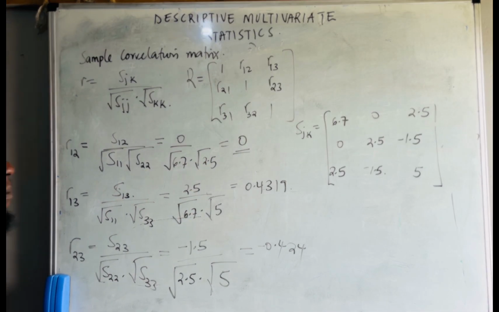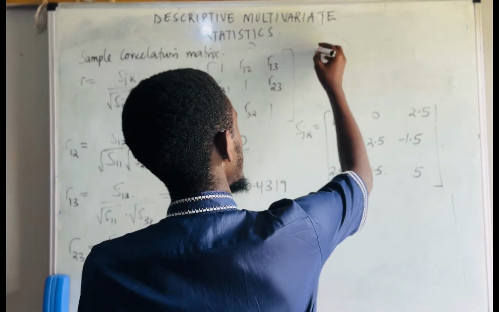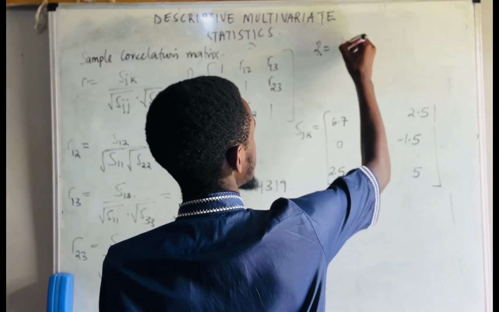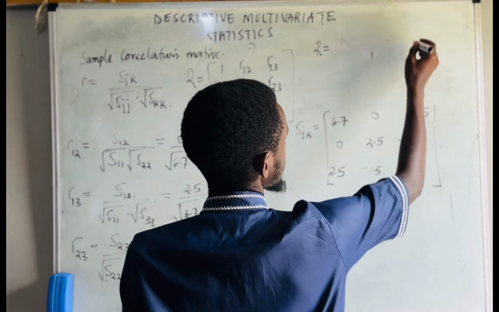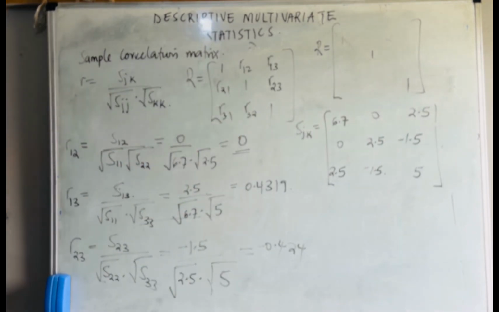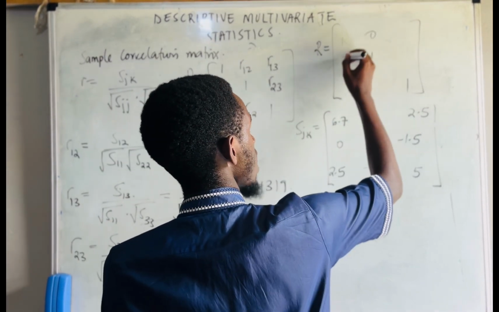And then lastly, I'll write my R matrix as 1, 1, and 1 on the diagonal. R12 is 0, and therefore R21 is 0.